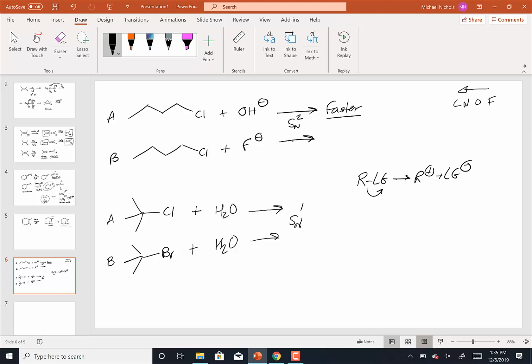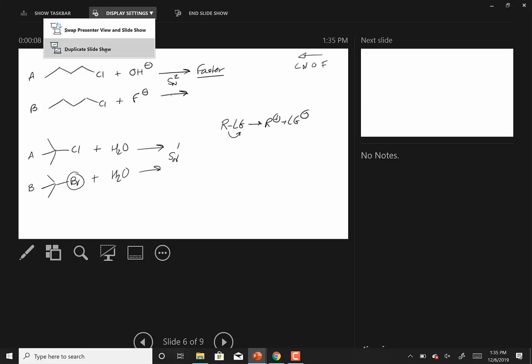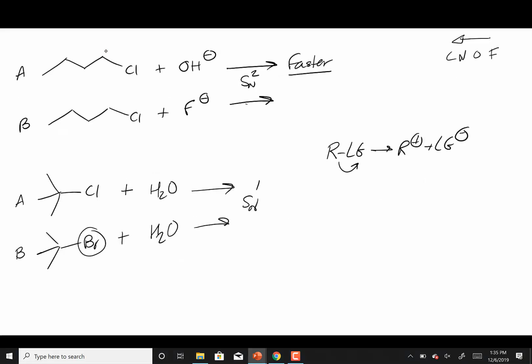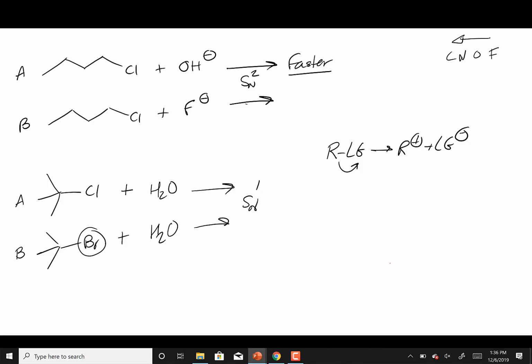And it's Br. So bromine is the better leaving group. And so therefore that will be faster. Okay, so that'll be faster. B will be faster.